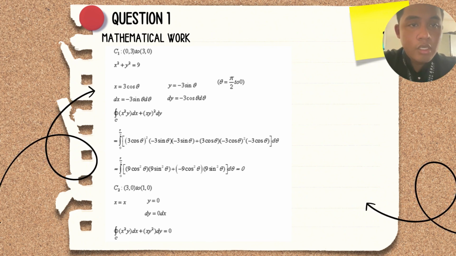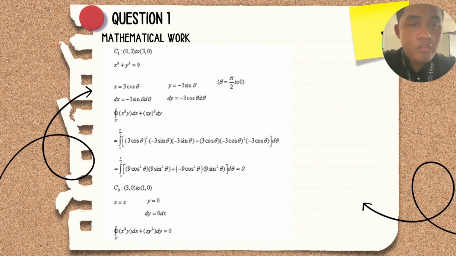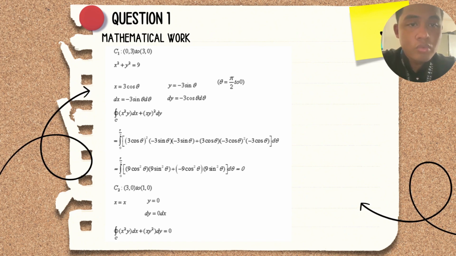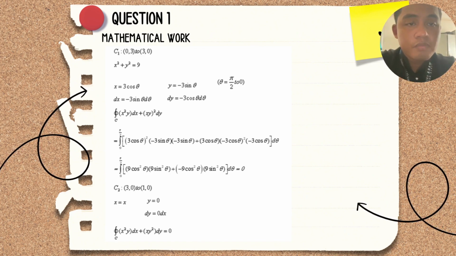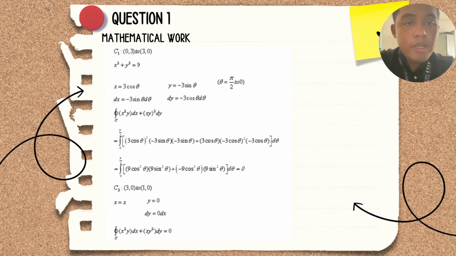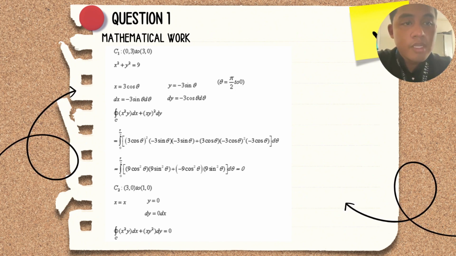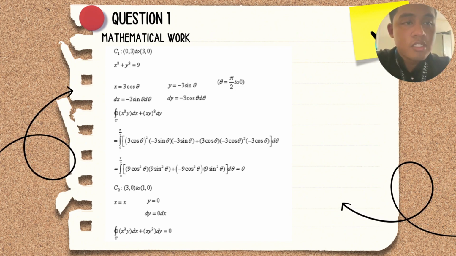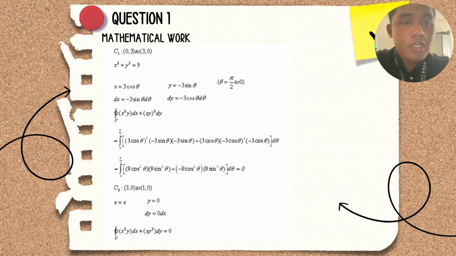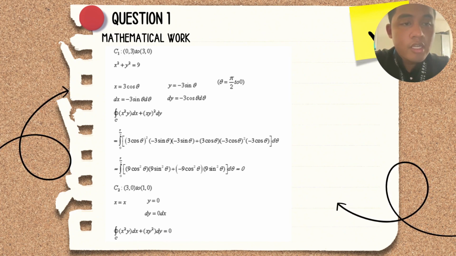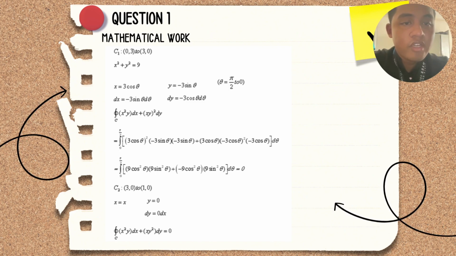Then we insert into the equation x squared y dx plus x y squared dy, and with limits from 0 to pi over 2, we integrate, and the final answer we get 0.